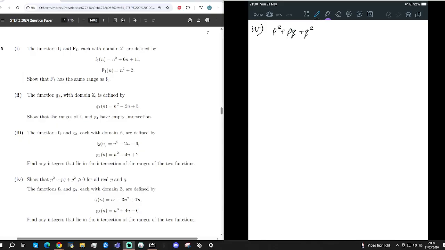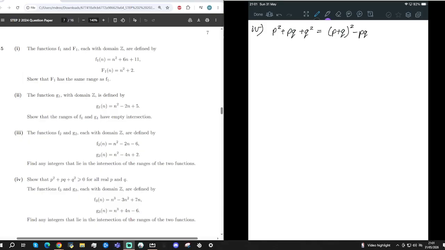First instinct is again actually to complete the square. We've got a p squared and a q squared, so I'd quite like to write this as a bracket squared. We know that squared brackets are always positive. So this looks almost like p plus q squared, but that would give me 2 lots of pq, whereas I've only got 1 pq, so I need to lose one of them.